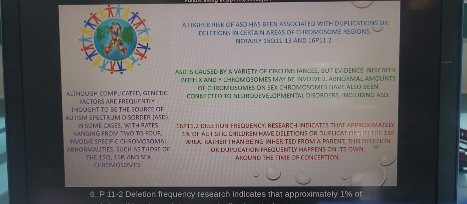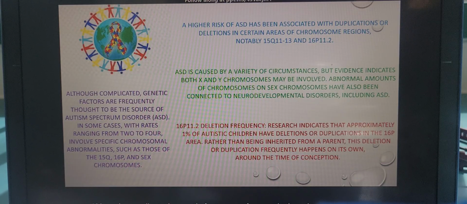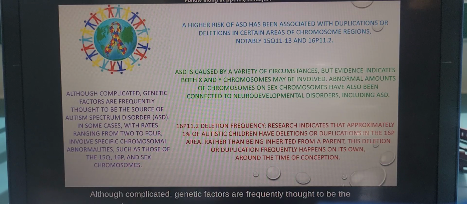Rather than being inherited from a parent, this deletion or duplication frequently happens on its own around the time of conception. Although complicated genetic factors are frequently thought to be the source of autism spectrum disorder, in some cases, with rates ranging from 2 to 4%, specific chromosomal abnormalities such as those of the 15q, 16p, and sex chromosomes are involved.